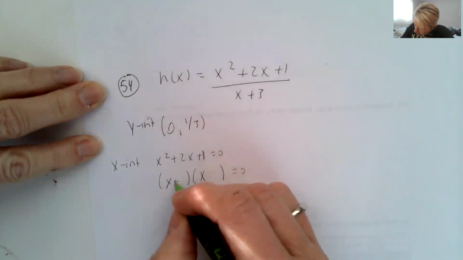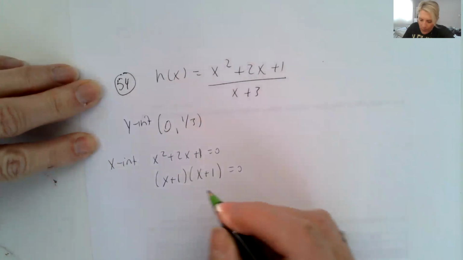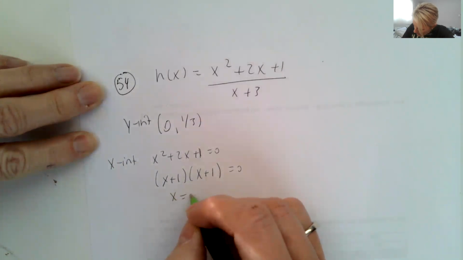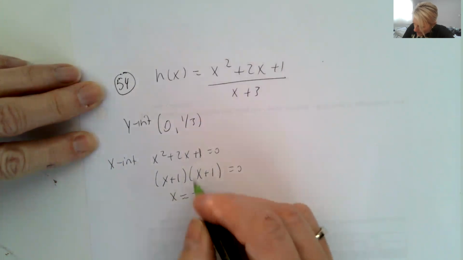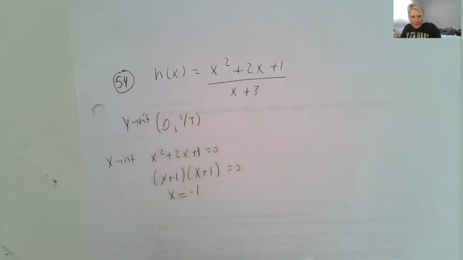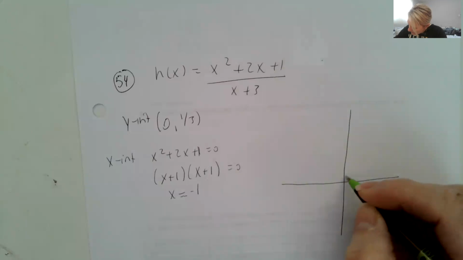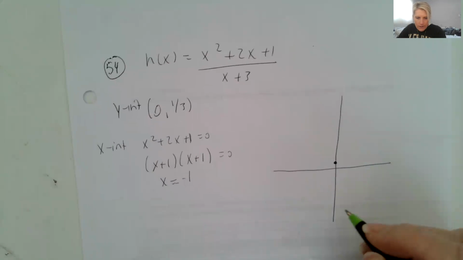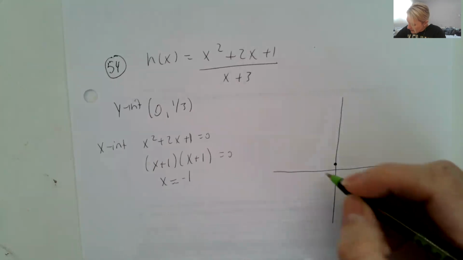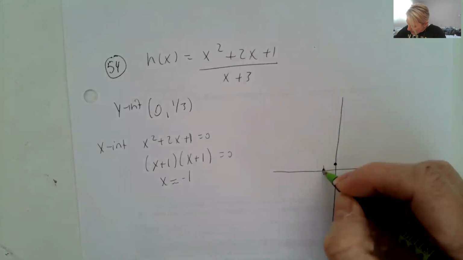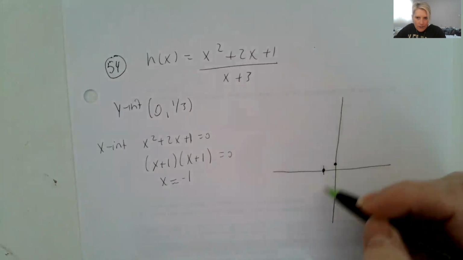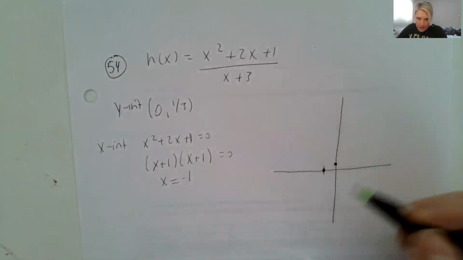And that's just going to be x plus 1, pretty cool. So x equals -1, and it's a multiplicity of 2, so it's going to be a touch. So remember, we've got to start bringing that up too. Pretty cool. So 0 and 1/3 is our y-intercept. We have an x-intercept at -1, and it's going to be a touch. So it's either going to come down and touch or go up and go back down.